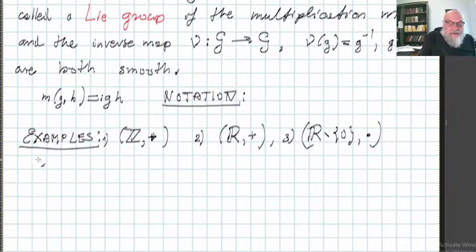The other ones, let's say number 4, is GL(n,R). So what is GL(n,R)? We have seen it already.